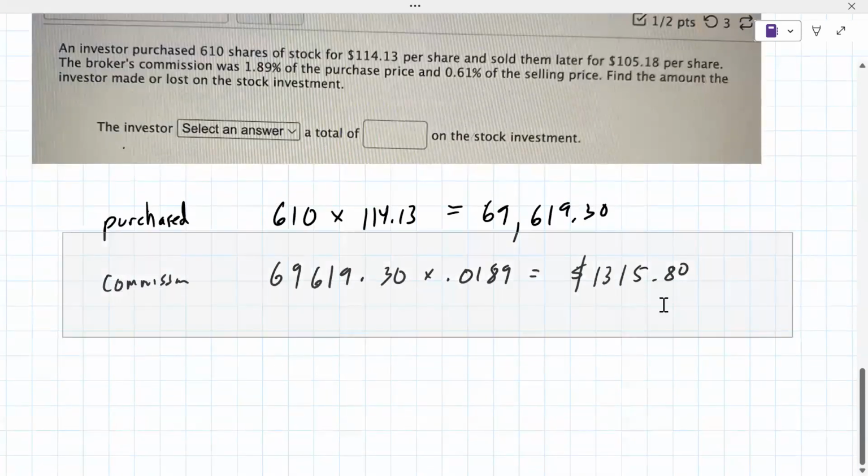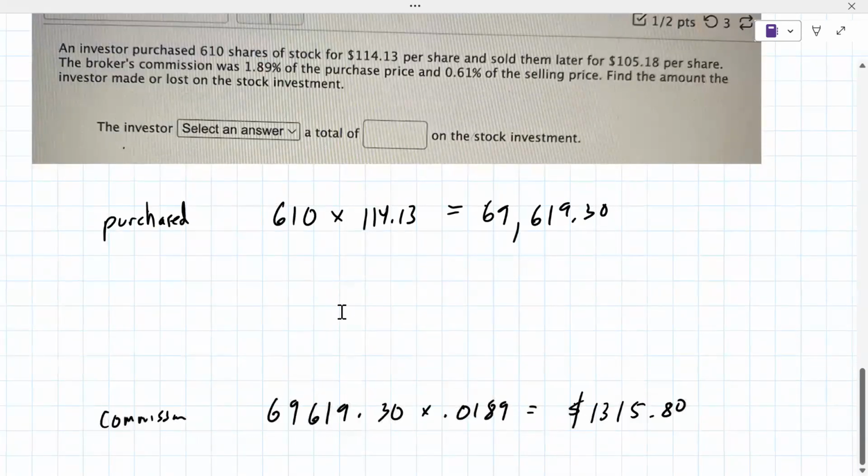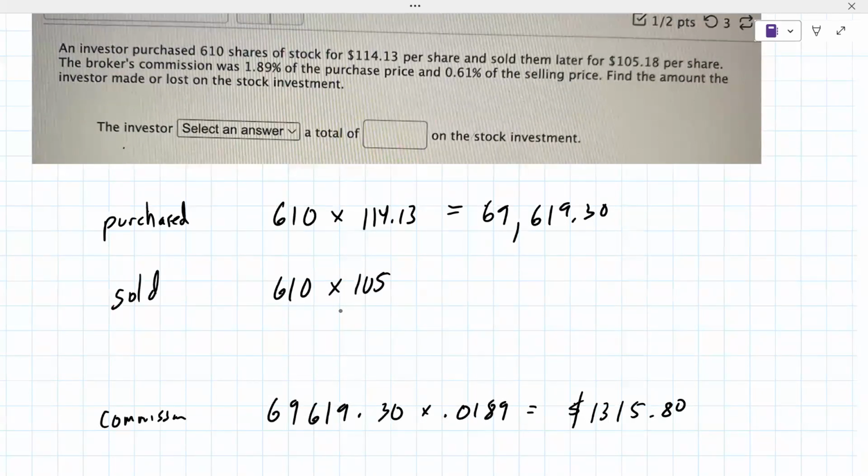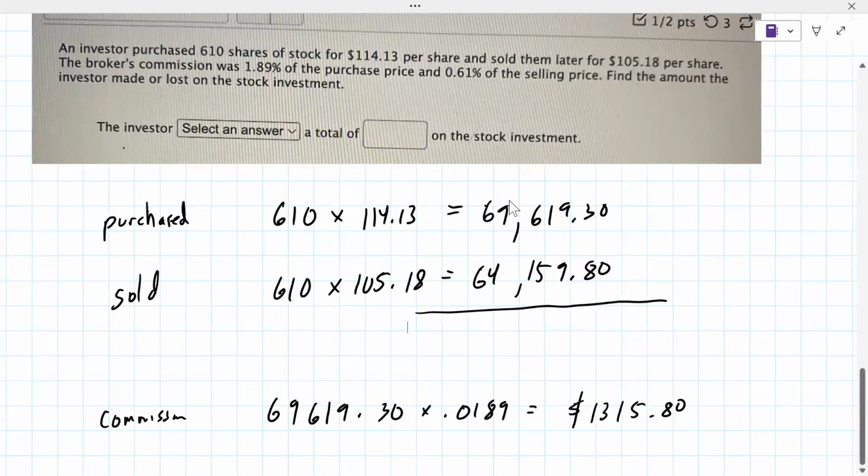So you purchased at that price, and then you sold 610 at 105.18, so that's $64,159.80. To figure out how much you gained or lost, you subtract the two.